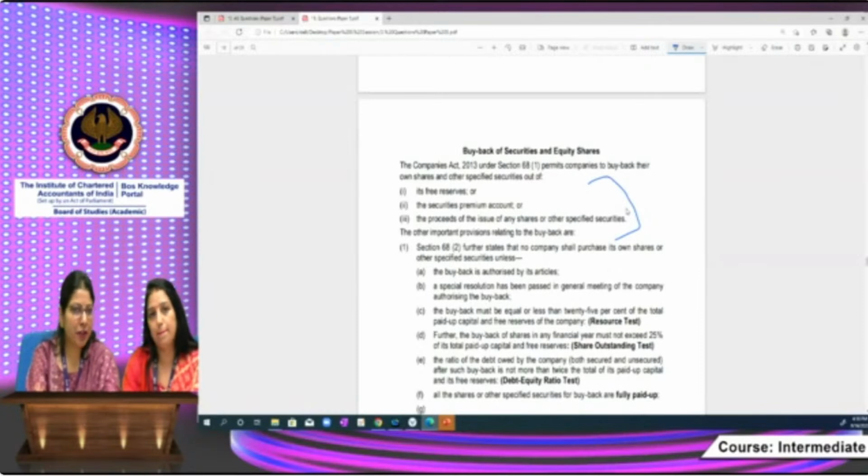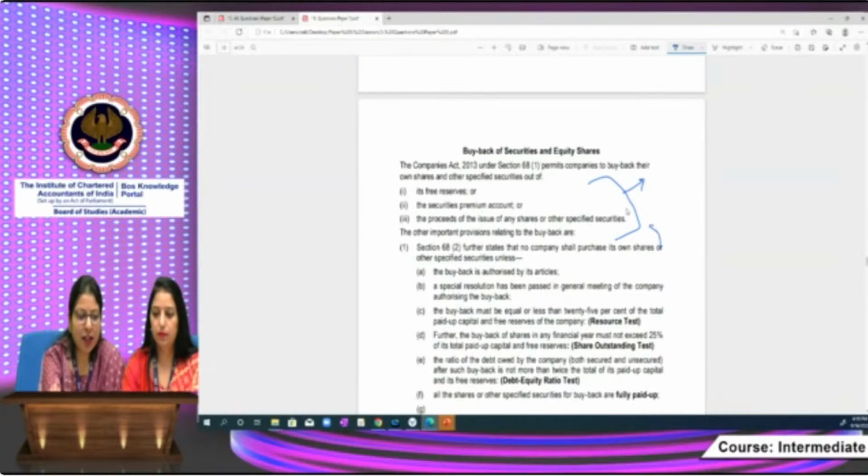And mainly in the questions, you have to identify for what amount you have to raise fresh equity, or for what amount you can utilize the reserves. Whatever balance you have in the reserves account, first you utilize that, and then you can go for the fresh issue of shares. So these are the sources of the buyback.